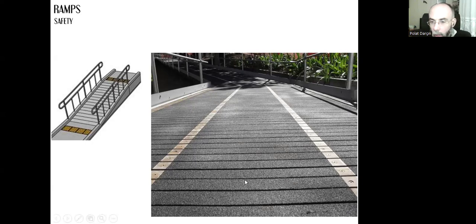Here you see we have a textured material which is strong against the outside weather conditions, and there are strips here, so they create a resistance. They create very tiny height differences so that the user or the wheels of the vehicle resist going back or falling back.